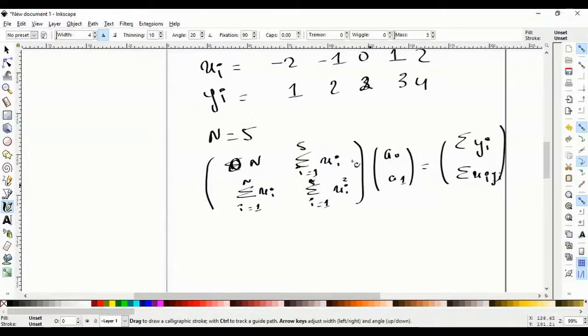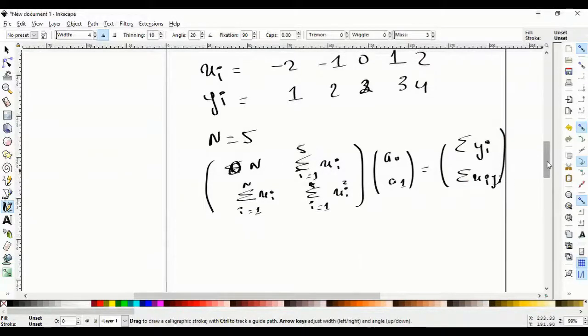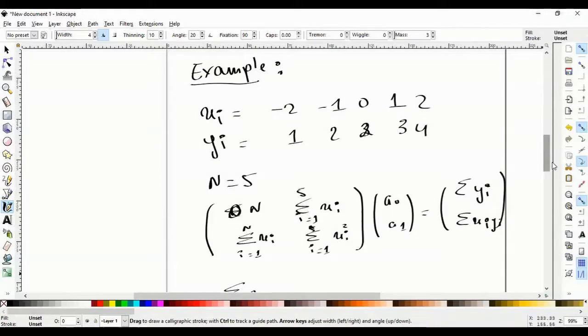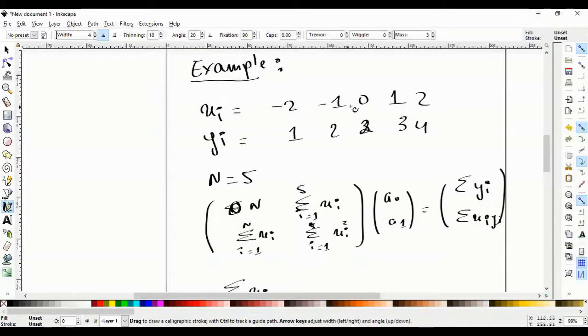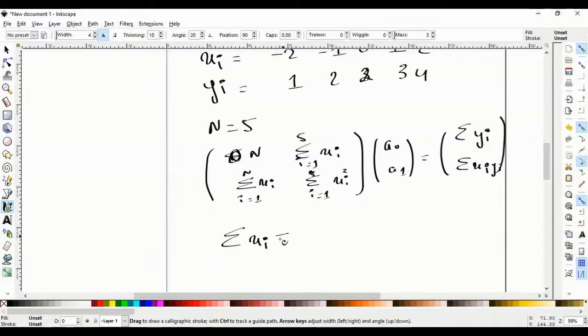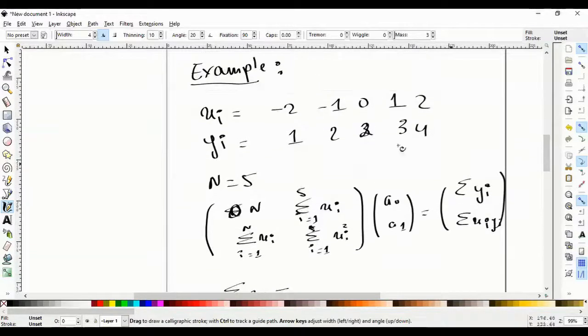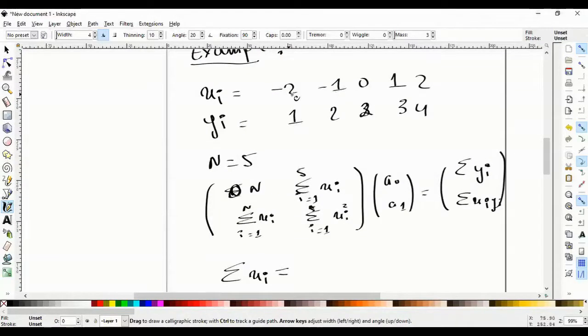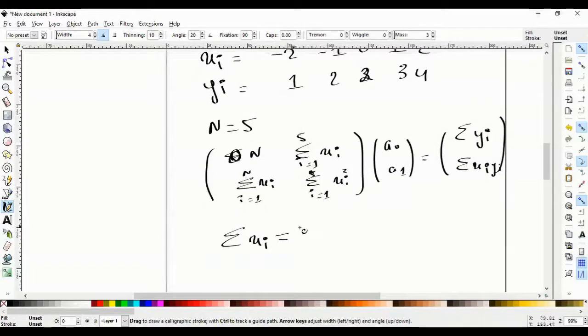So I need to calculate this. Of course n equals 5 here. The sum of xi, if you notice here, because I have negative and positive numbers the same, it's equally spaced on the x axis, with the same numbers negative and positive, and 0 here.